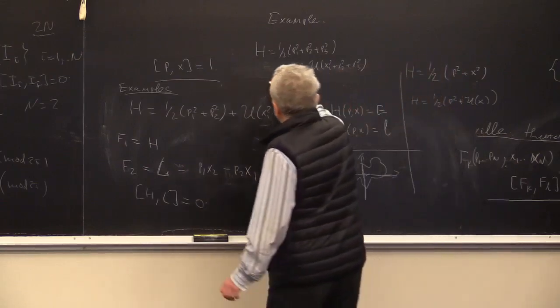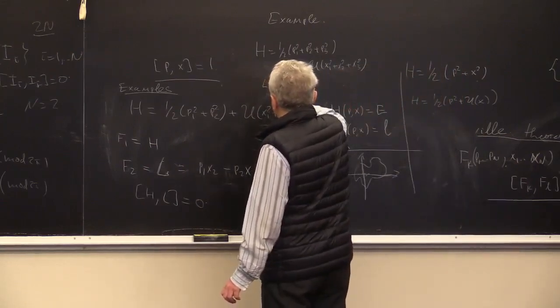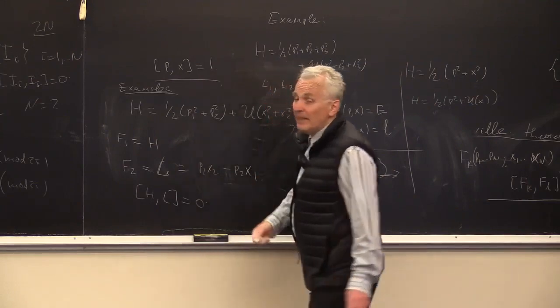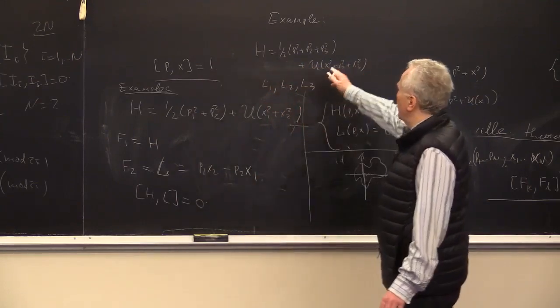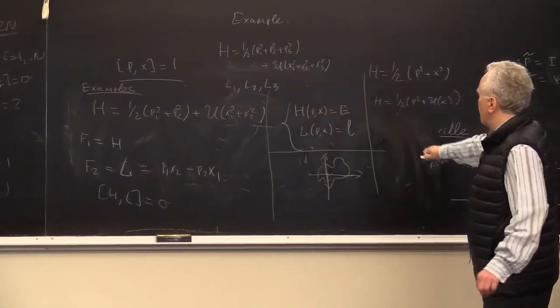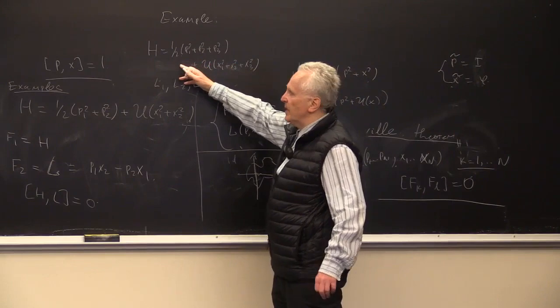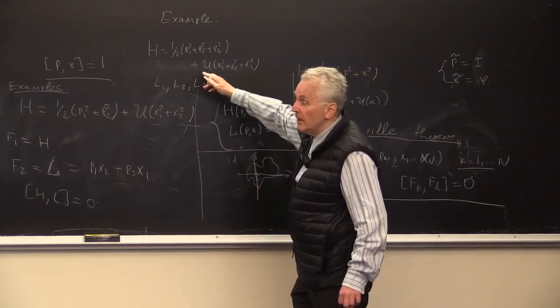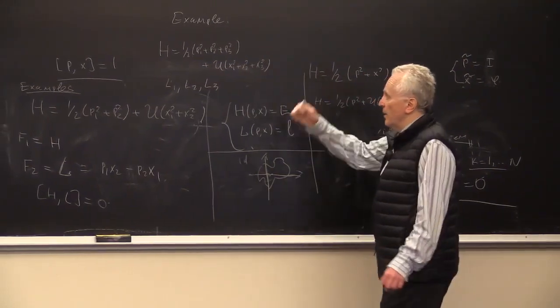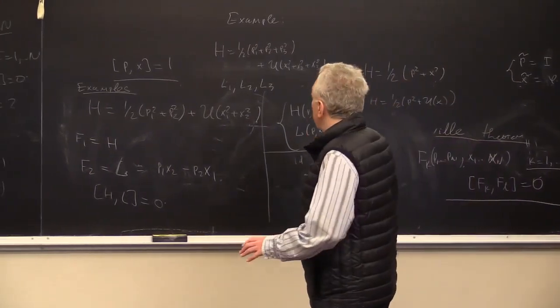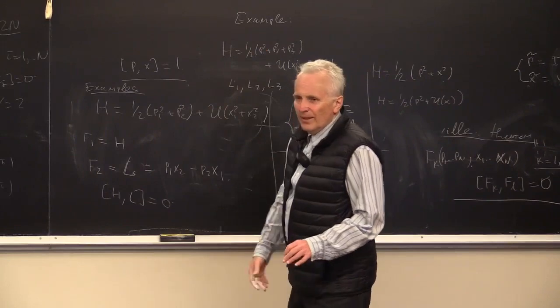Yes, okay. So at first glance, we have too many integrals of motion. For integrability, you need half the dimension of the phase space. The phase space is six-dimensional, half is 3, so we need three integrals of motion, and we already have four.